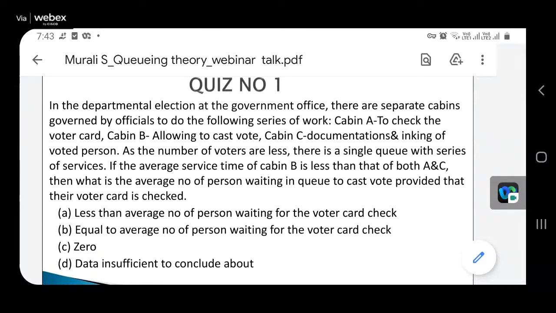So here are the major things I'll be telling. By then you can keep thinking and cast your answer. What we have studied till now is what a queue actually is and what queue length is. Queue length is simply the number of customers waiting in the queue.